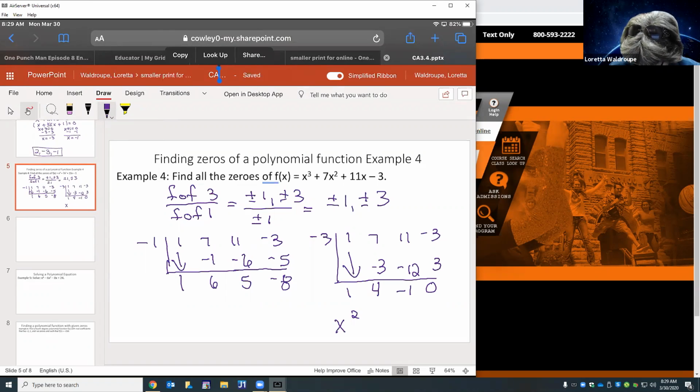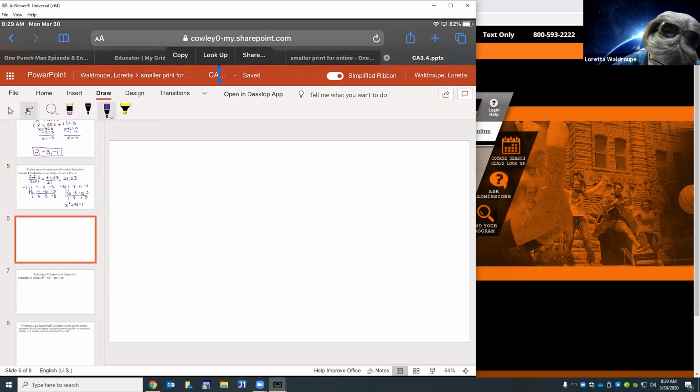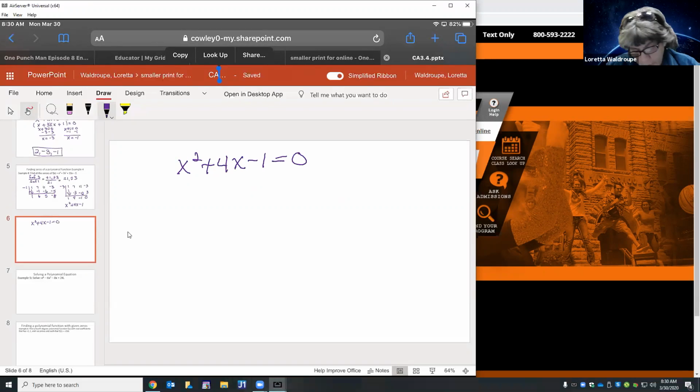So x squared plus 4x minus 1. Now there's no factors of 1 that will subtract to 4, so on this problem, I have to use synthetic division. Or I'm sorry, quadratic formula.